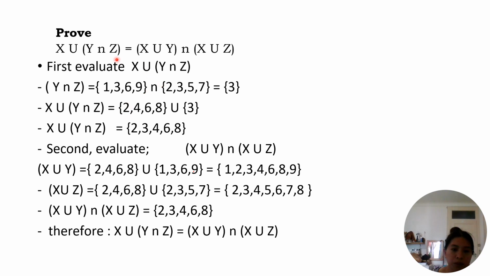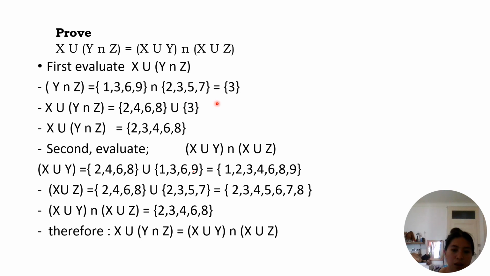Let's evaluate first this first proposition, and of course we have to deal first with the variables inside the parentheses. We have this given, and the elements of Y are 1, 3, 6, 9, and Z has the elements 2, 3, 5, 7.